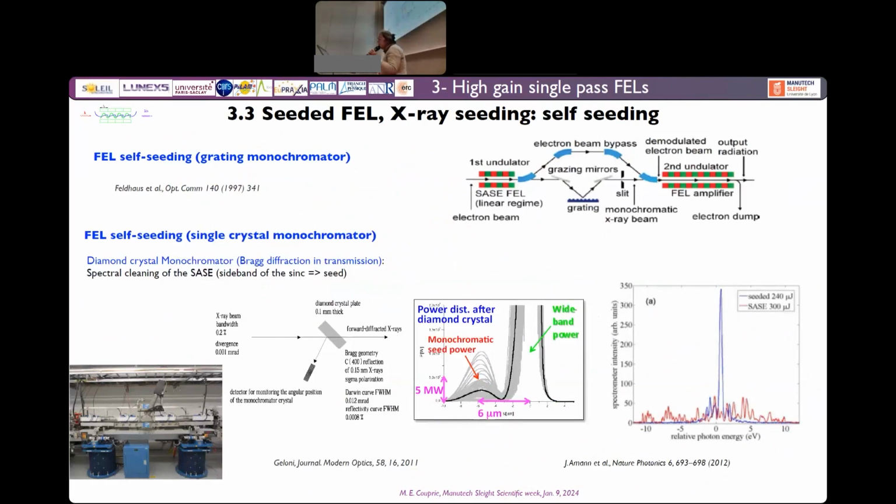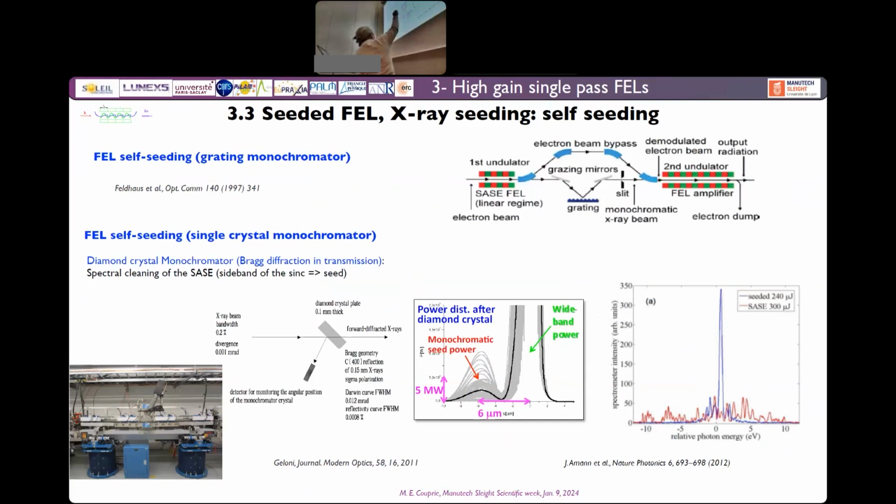But if we want to seed in the hard X-ray, then we don't really have a seeding source. So the solution could be to use the FEL itself. And the idea is not so new, actually. It's by Feldhaus. He considered that one could have a series of first undulator segments which would produce SASE.